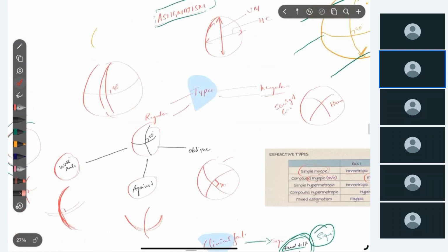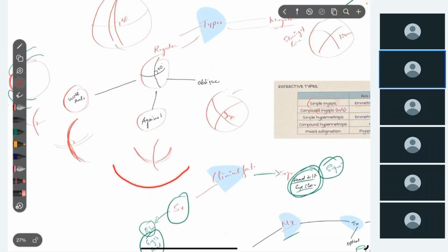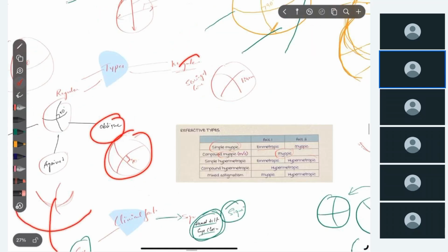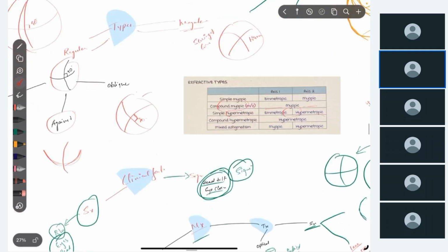This can be with the rule, where the vertical meridian is more curved compared to the horizontal meridian, or against the rule, where the horizontal meridian is more curved in comparison to the vertical meridian. Oblique, the meridians are not at their usual sides. Irregular means they are not at specific angles to each other, that is, they are not at 90 degrees. And based on the refractive errors, you can divide them as simple myopic, compound myopic, simple hypermetropic, compound hypermetropic, and mixed astigmatism.